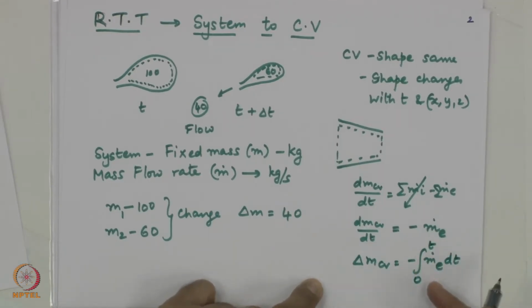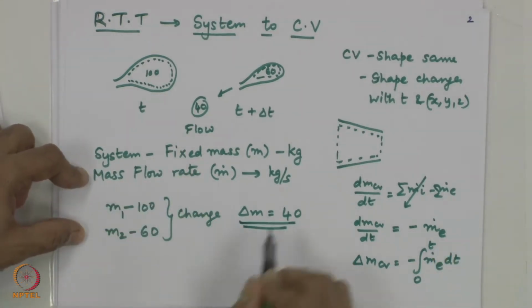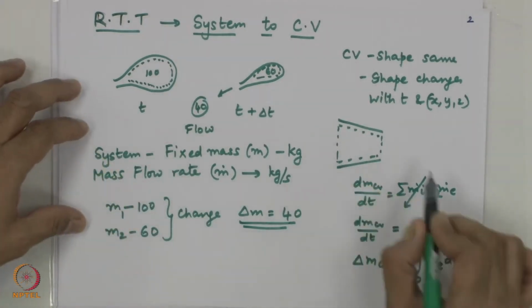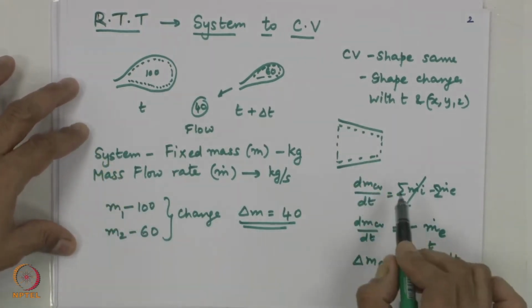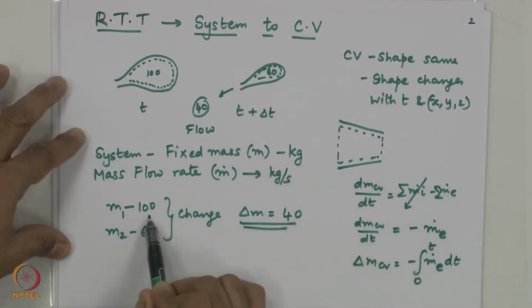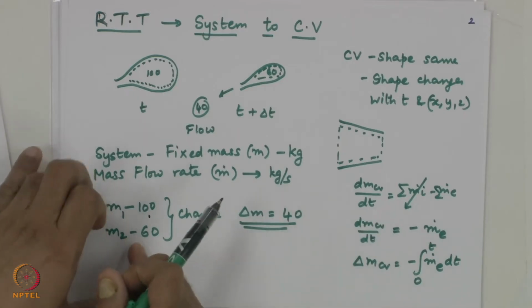It went out at a particular rate, integrated over time 0 to t, gives the mass that has left, which is 40 units. So for the control volume, a fixed region, the budget is done for 100, which was the original system. What is going out is 40, what remains is now 60.